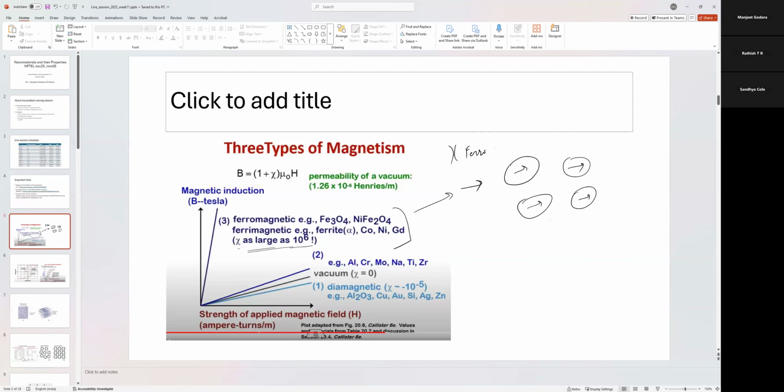Most of them are aligned, and even if you remove this magnetic field, a lot of them are still aligned along a certain direction. This is your H, this is your B. H is the applied magnetic field strength. B is the induced magnetic field strength.